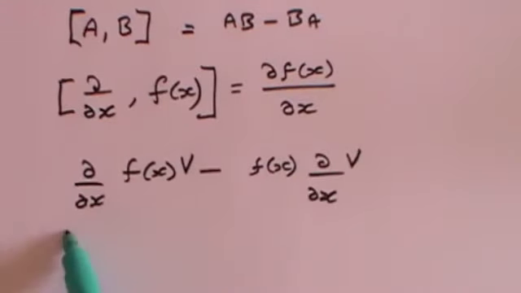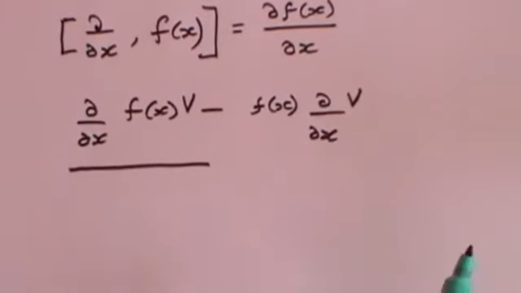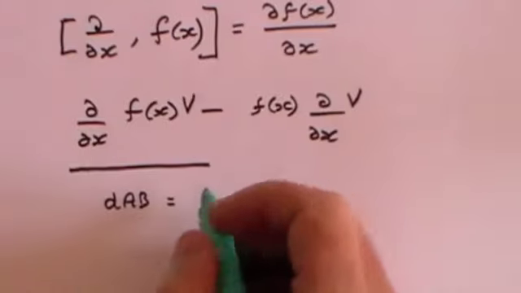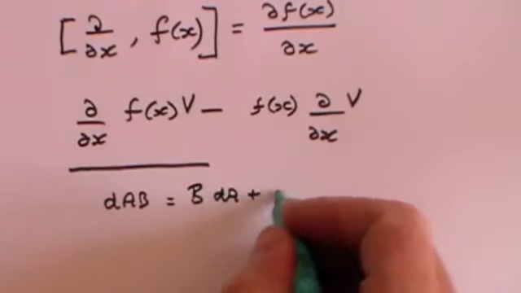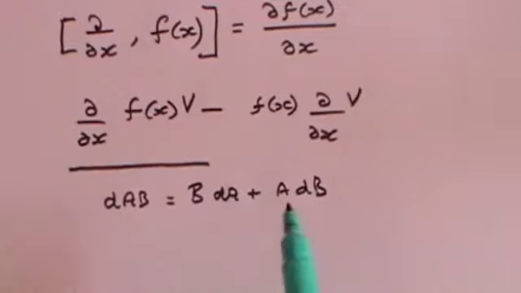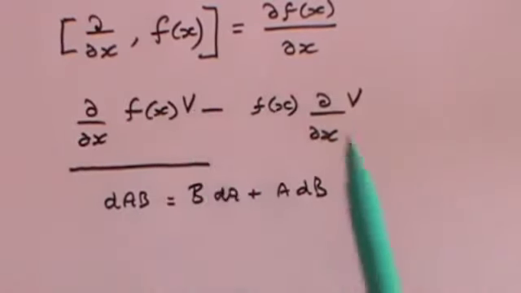But here we've got the differentiation of a product, and just as we did before, we can say that d(AB) is equal to B dA plus A dB. Doesn't matter which way round you do it. Differential of a product, B dA plus A dB, where this is A and this is B.